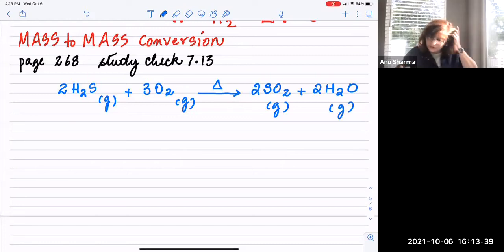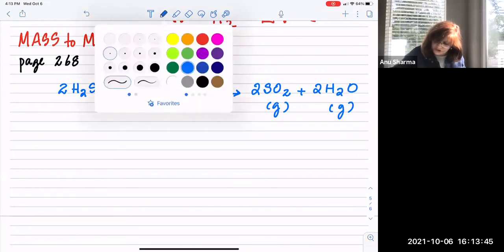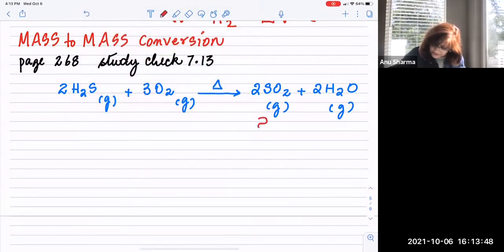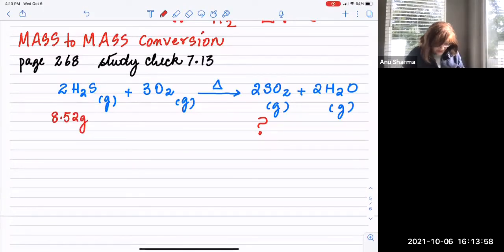All right, so this is the balanced equation already given. How many grams of sulfur dioxide are formed from a reaction in which 8.52 grams of H2S and 9.60 grams of oxygen are given? All right, so what do you do here?